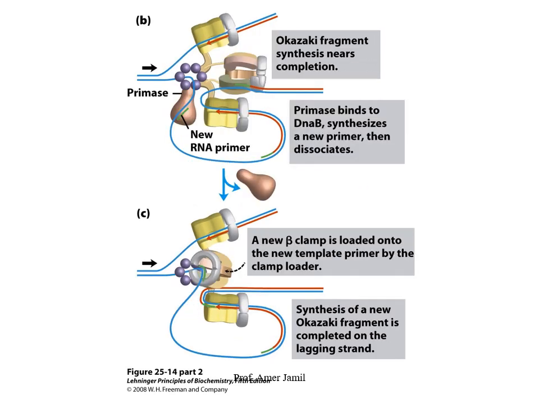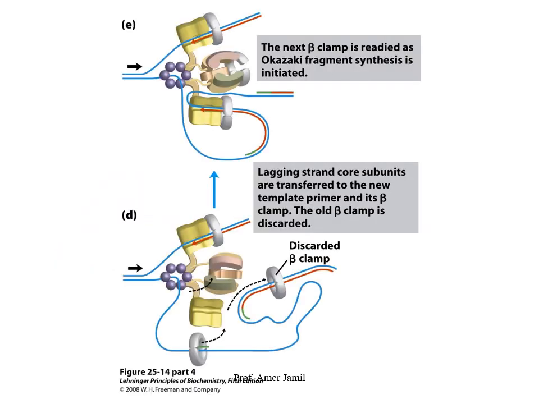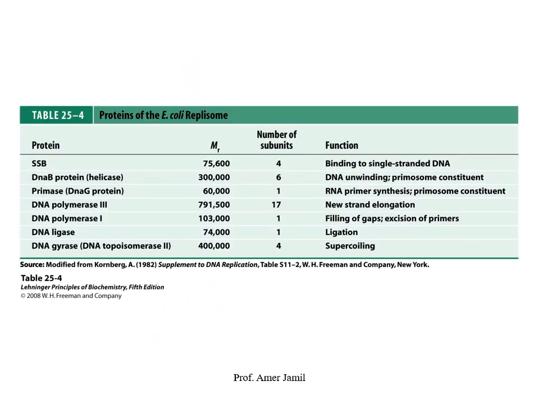And when this clamp is used, the primase is also released, and it is a continuous process, especially on the lagging strand, because of the Okazaki fragments. And there is a discarding of the beta clamp and addition of the new one here. So this process continuously goes on.